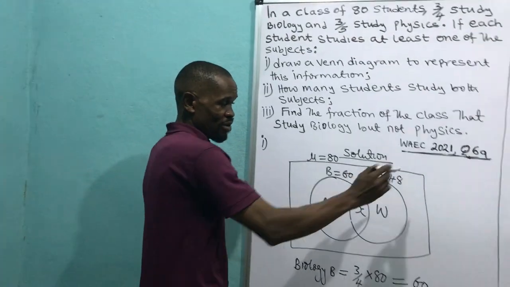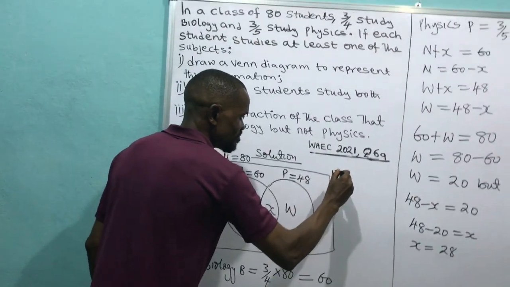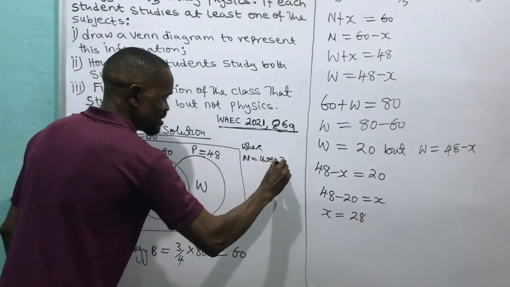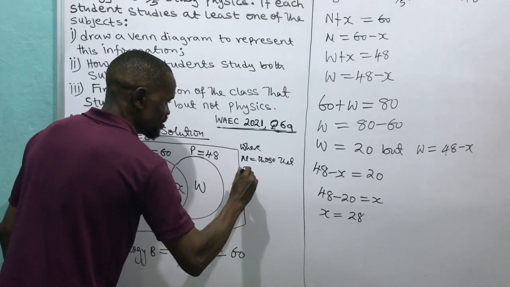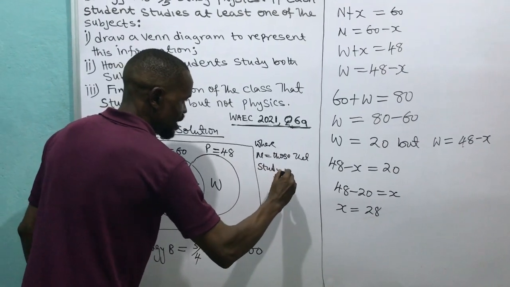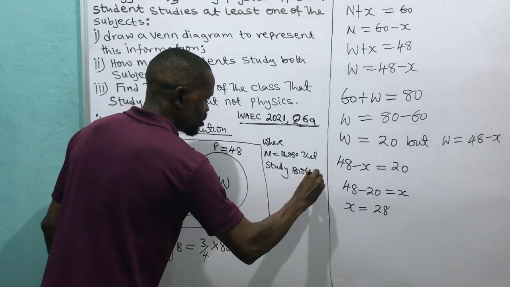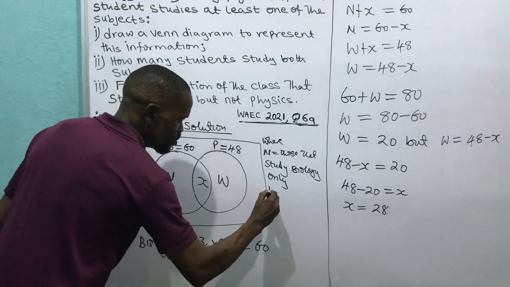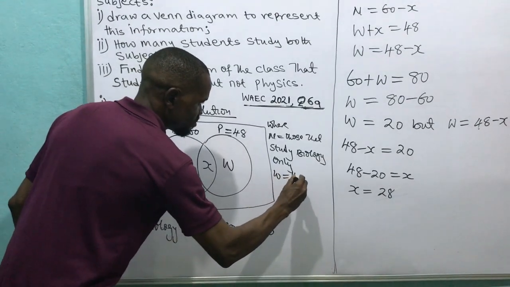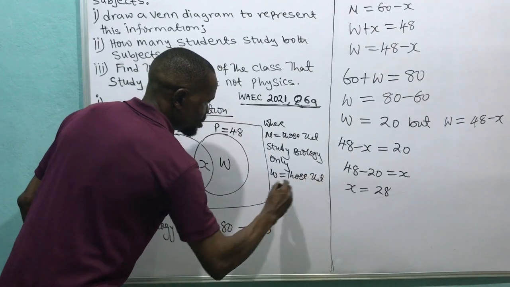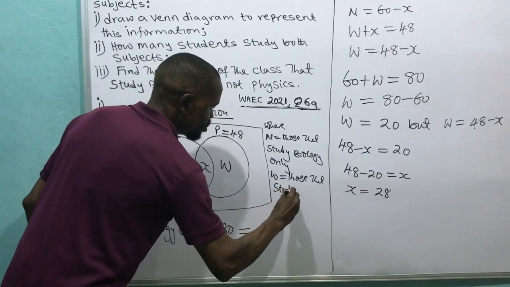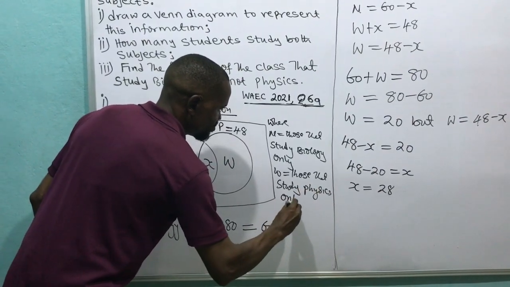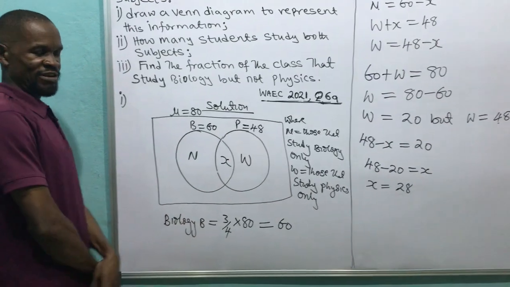In this Venn diagram, you can say N is those that study biology only, and W is those that study physics only. That's my Venn diagram.